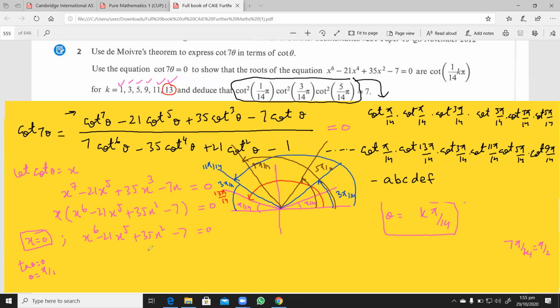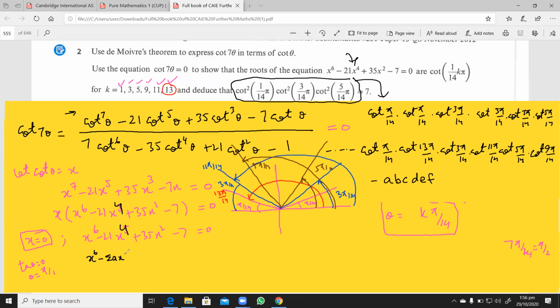If I write this as x raised to power 6, minus sigma A x raised to power 4, when I took this x common, this was to be 4, because this should be exactly this equation.